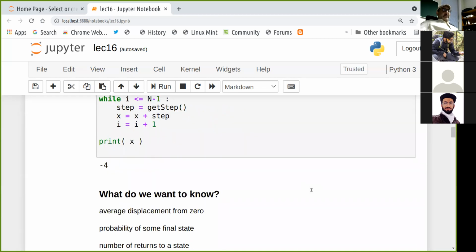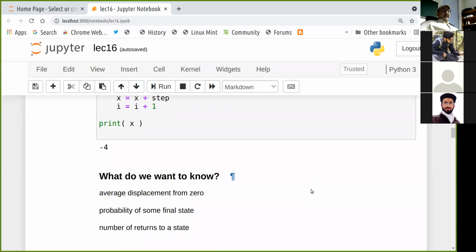Now, if we're going to analyze our results, what would we like to know? We'd like to know things like, if I did the same experiment over and over again, what's the average displacement from 0? What's the probability of a final state of 7 compared to the probability of a final state of 50? And how often do I go through the same location?